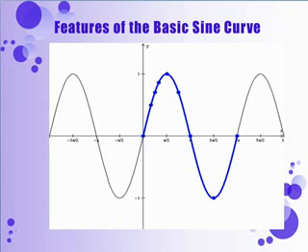Here we have the graph of y equals sine of x. And as we talked about when we were working with our unit circle, the domain of sine is all real numbers. You can see there are no gaps in this curve. So the domain is all reals.